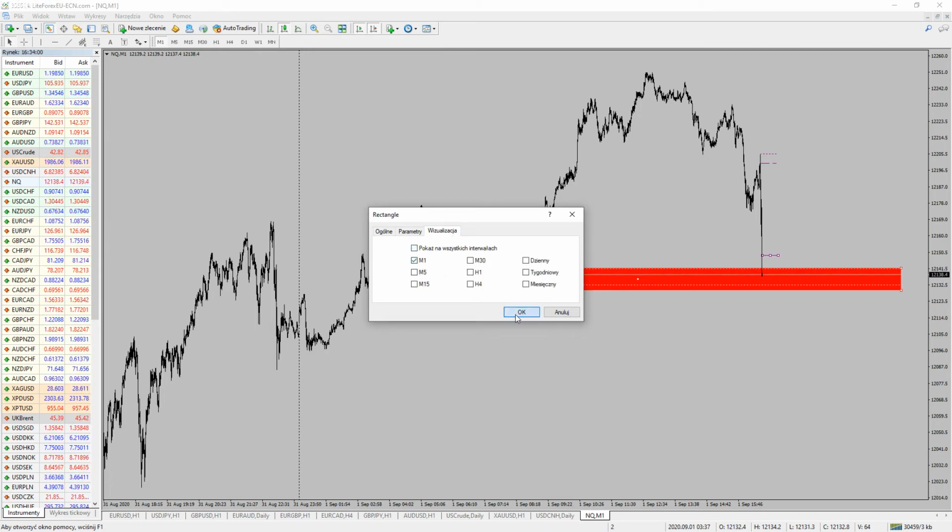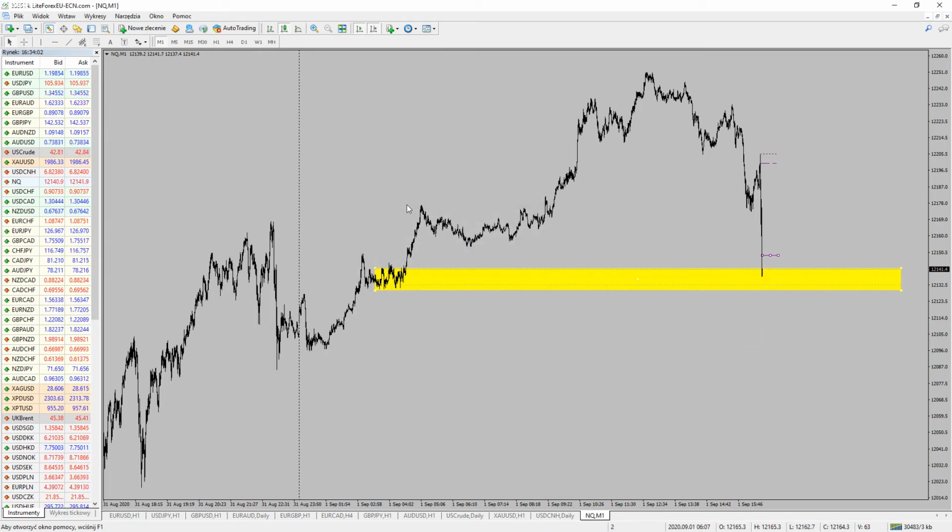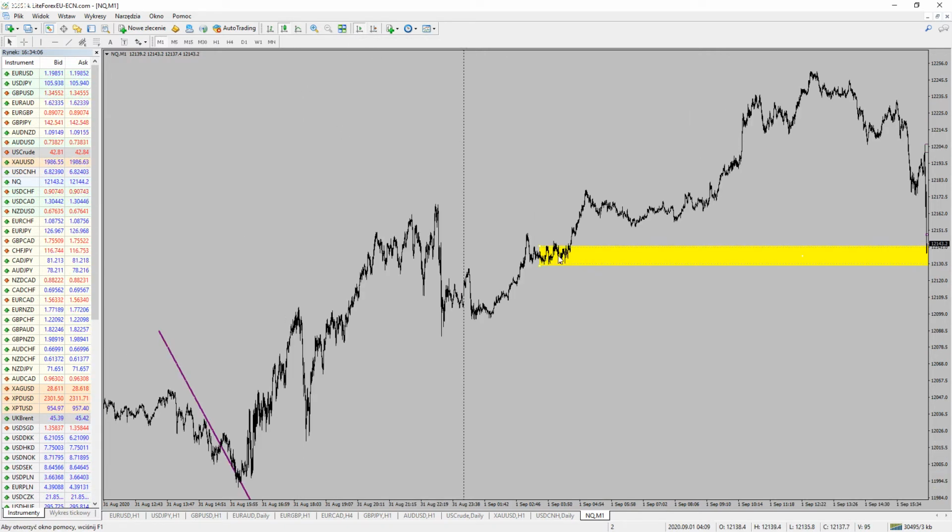We have one here and it is being tested right now. And then what else do we have? We have something here with these possible stops closer to 12,100.